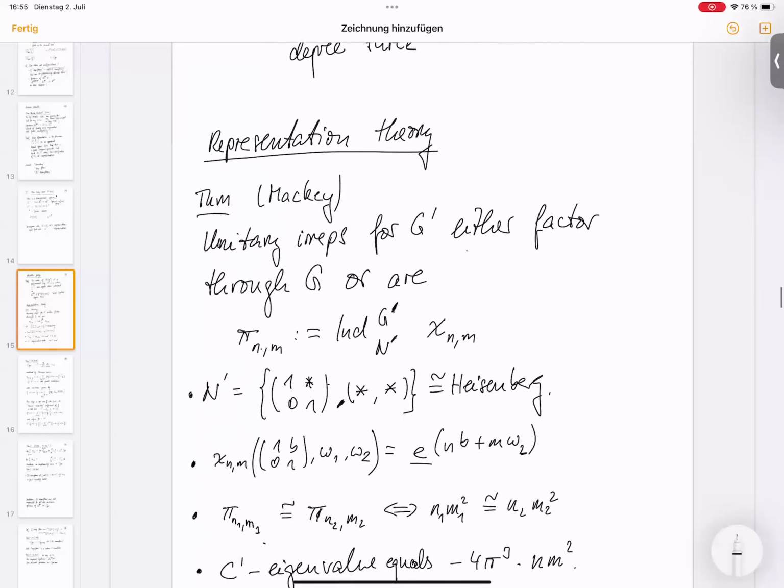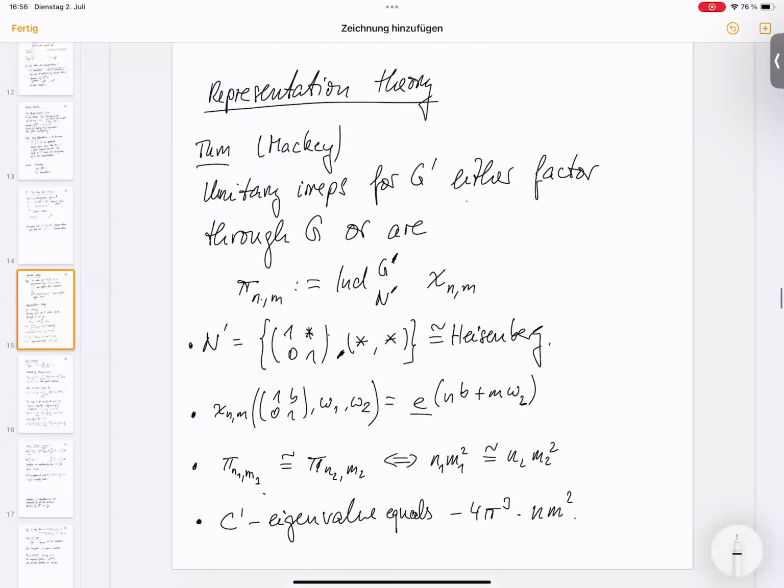Okay, I can now finally start stating the results. Namely, first, the unitary irreducible representations for the big group. They are very well known. This group is a semidirect product, and irreps for semidirect products were classified by Mackey 50 years ago. And here the answer is they either factor through the group SL2R, or they're induced from the group N prime, which is sort of the upper triangular part.